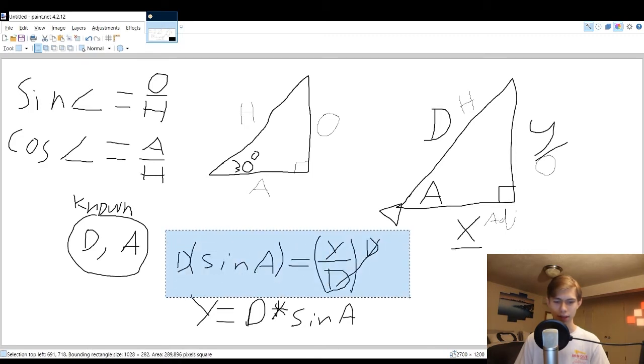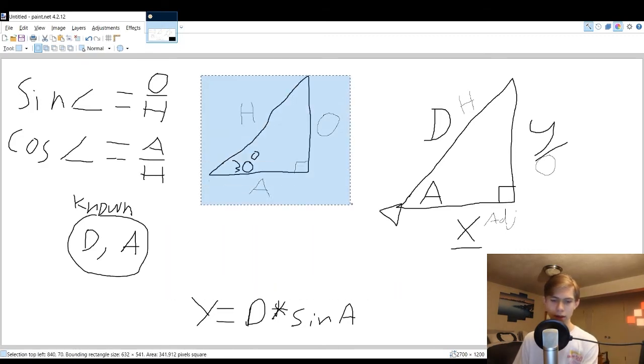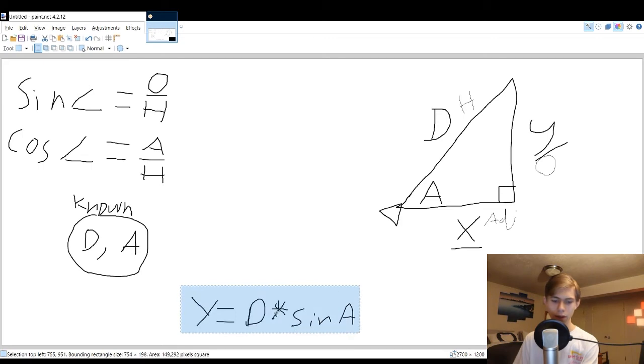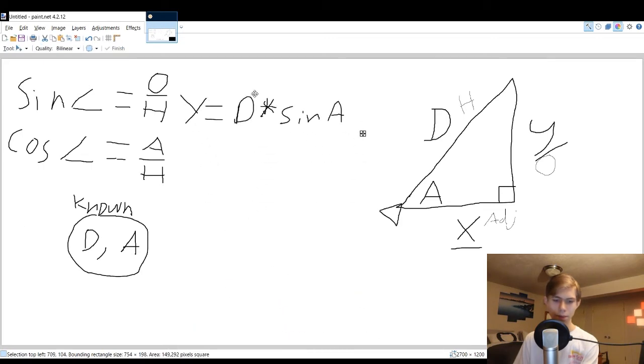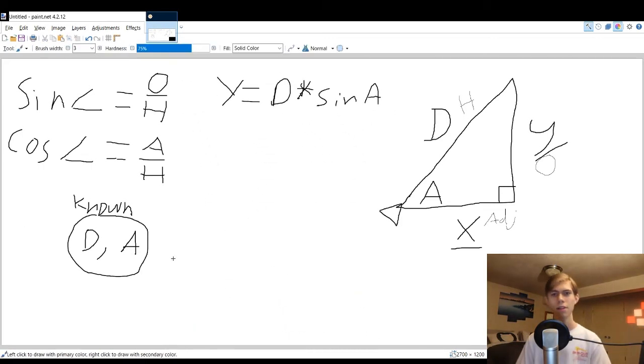I'm just going to delete this, and we'll put the completed formulas at the top. Now let's solve for the x-axis. How far we need to travel on the x-axis is going to be the adjacent side, and cosine deals with adjacent over the hypotenuse.